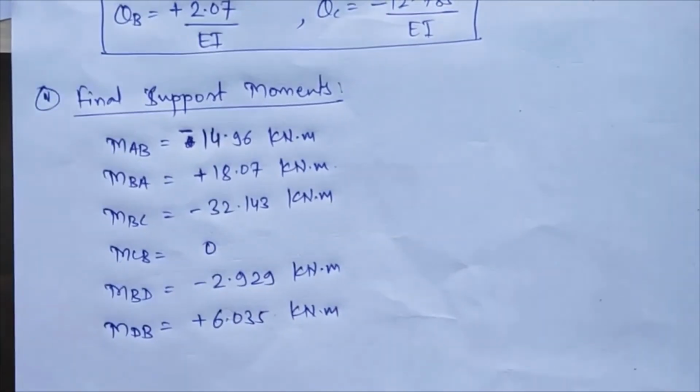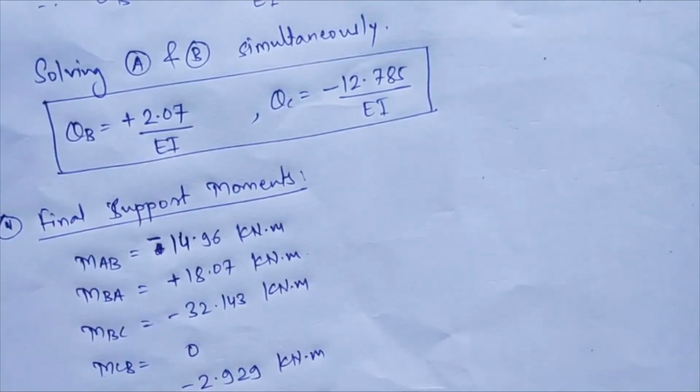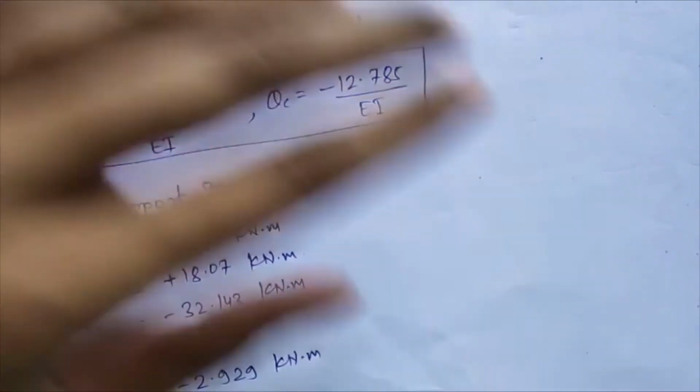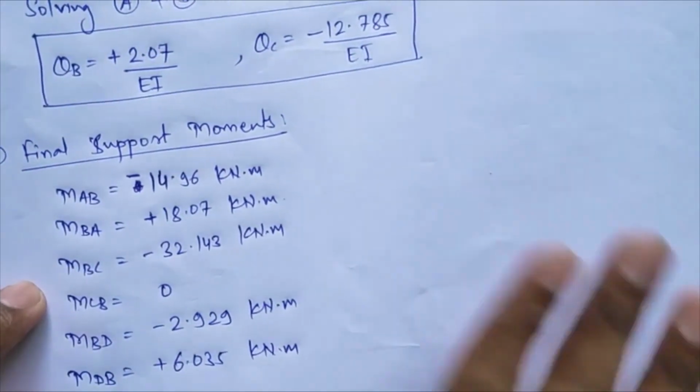I have written the values directly. You have to solve the complete equations by substituting these theta B and theta C values in your 6 slope deflection equations, and then you will get these final support moments. Just check whether you are getting correct moments or not.